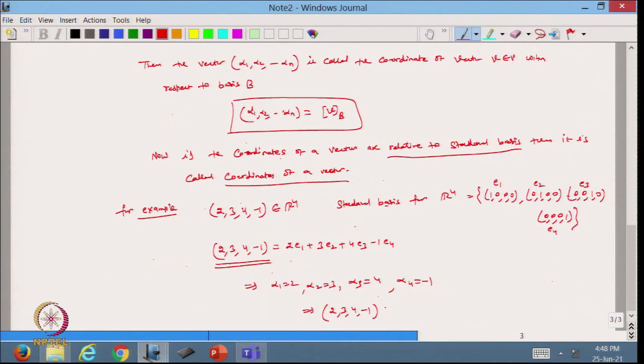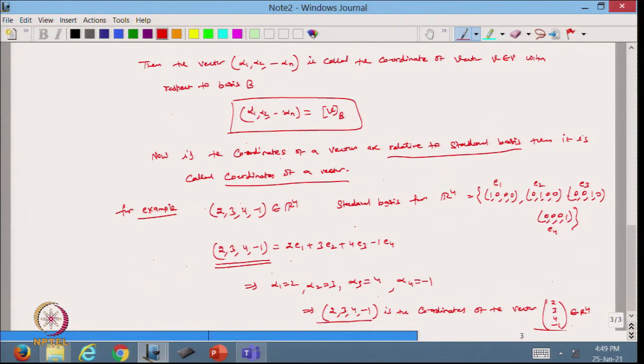So, this is the coordinates of the vector 2, 3, 4, minus 1. This one I can write here because this vector belongs to R4.